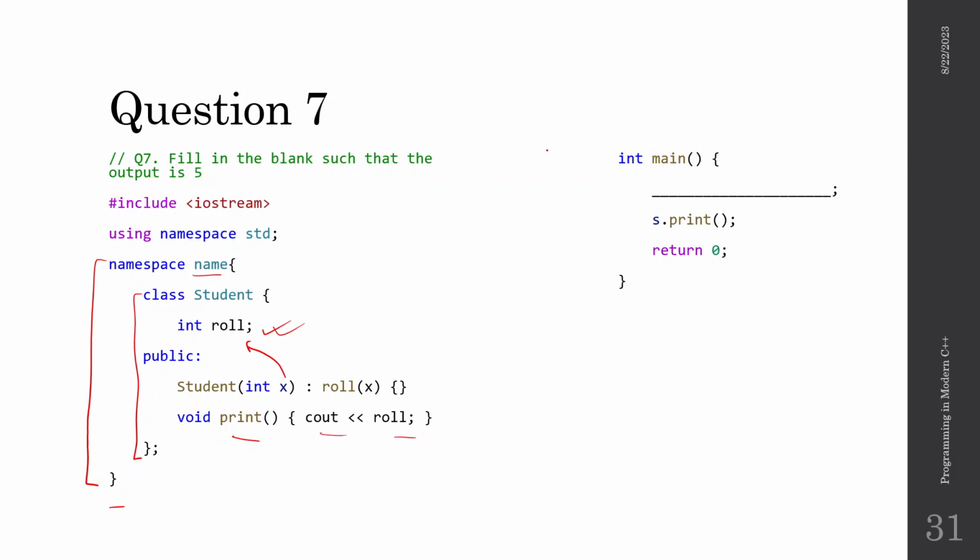Now this is the main function. In the main function we have to create an object of type student, and then we call the s.print method. So this question is basically about how we access the student class which is inside the namespace name. For that we have to use the scope resolution operator, as you know.